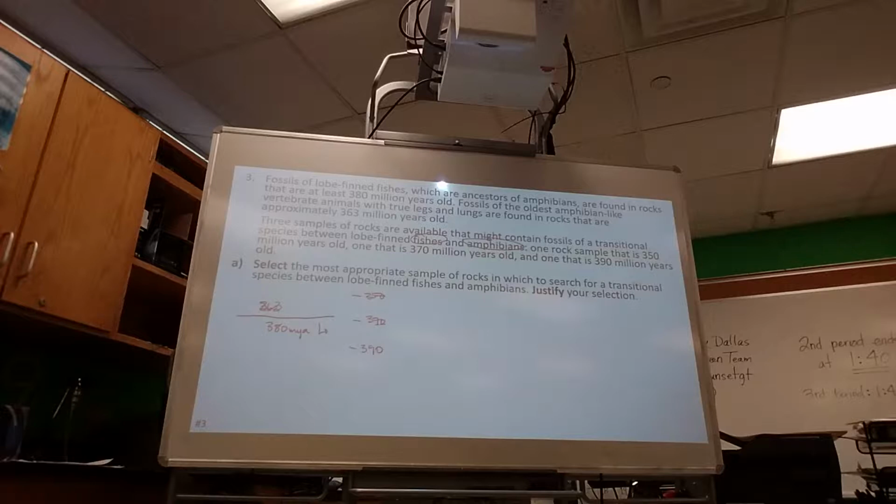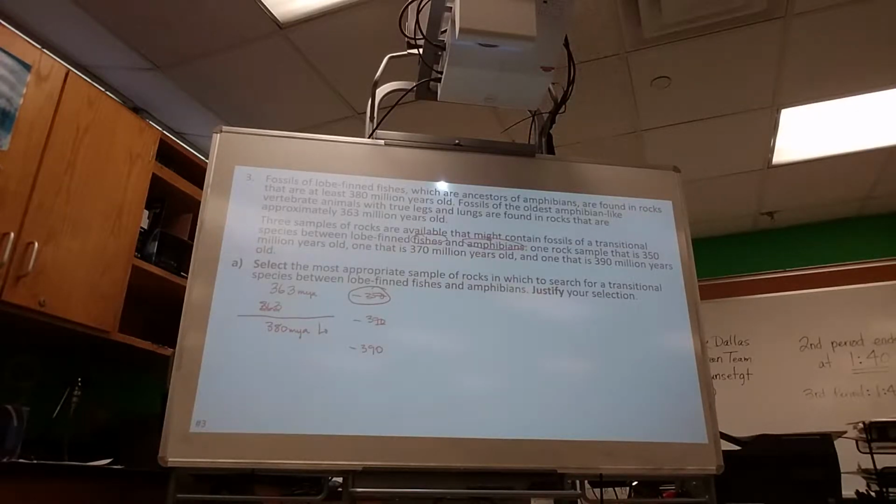Well, where are the amphibians? Amphibians first appeared 363 million years ago. So if it's 350 million years ago, amphibians are already there. Are we going to see that transition?